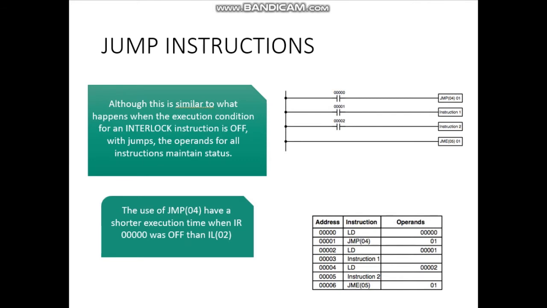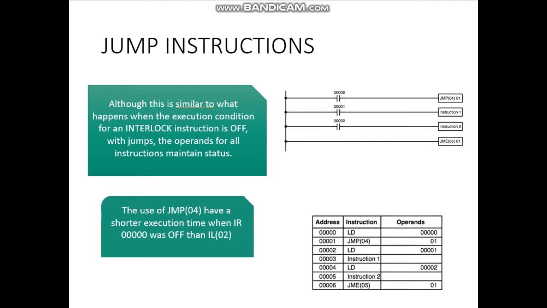Like I said, when we do the jumping, the operands or the instructions that we have in between the jump will maintain their status. Therefore the use of jump has a shorter execution time in comparison with interlock, because you don't turn off anything in between.